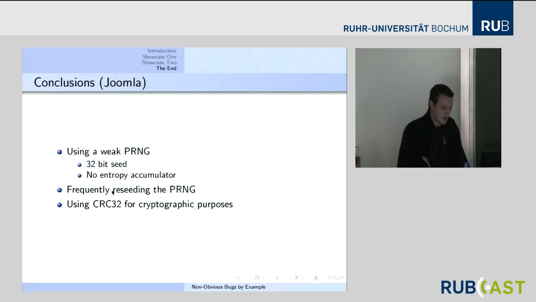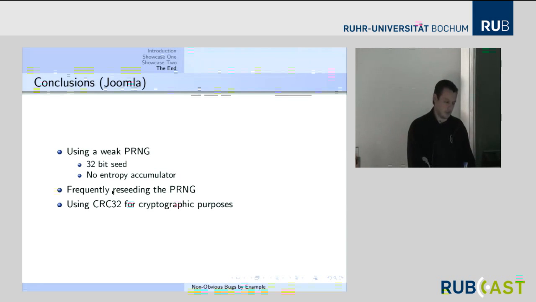I mean, as a random number generator, that's a bad joke. Really shouldn't be used for cryptographical applications anyway. And then they even frequently reseed it, which is definitely not what they should do.